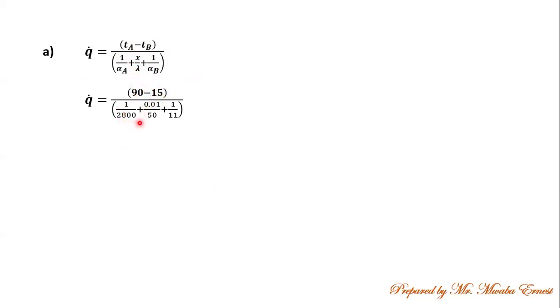Alpha A inside the tank is 2,800 is the coefficient. X is 0.01. Lambda is 50. On the outside, the value of alpha, which we are calling alpha B, is 11. So with this substitution, we have 819.975 watts per square meter.